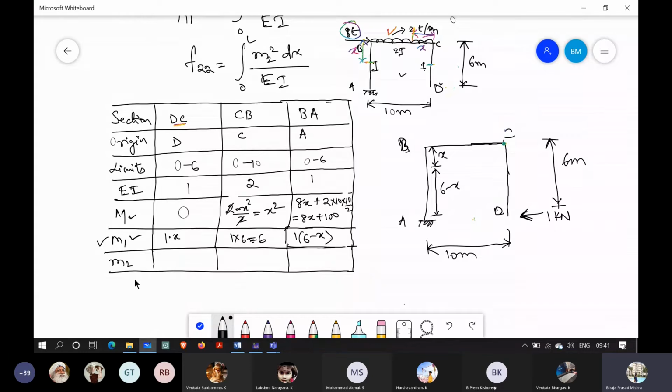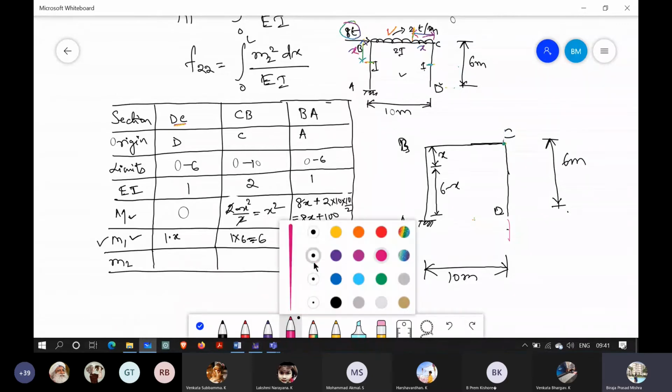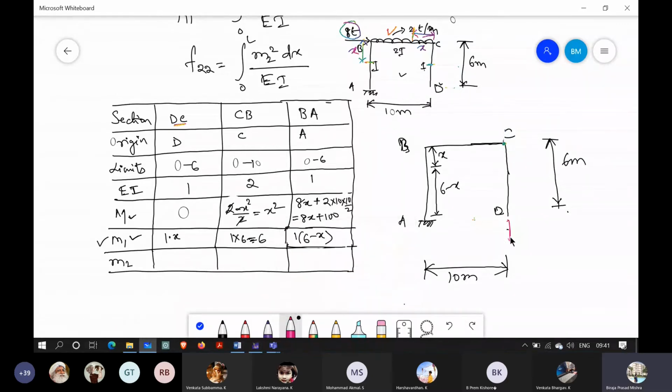Now for M2, what do we need to do? The M2 will be this one. This we already know is 10 meters. So for M2 we will apply the unit load here at coordinate 2, in the direction of coordinate 2. Due to this, what is the value of the moments?